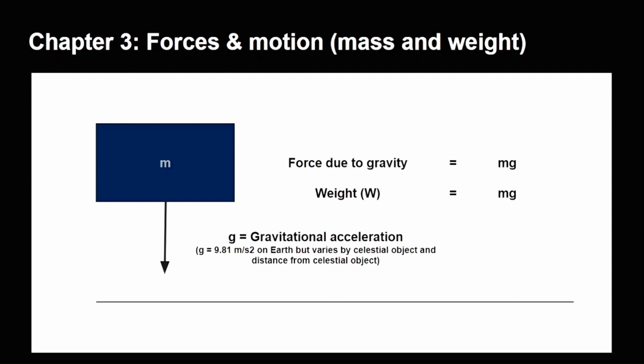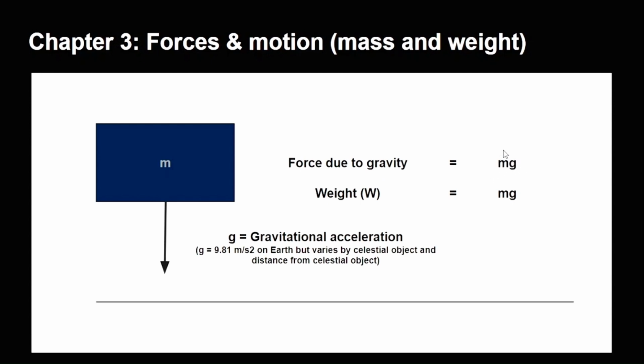So if you have a mass of 60 kilos, and the gravitational acceleration on the surface of the Earth is 9.81 meters per second squared, which we'll approximate as 10, then your mass will accelerate towards the Earth at 10 meters per second squared. Or rather, the force acting on you, because we know that force is mass multiplied by acceleration, and in the case of force due to gravity, that acceleration is the gravitational acceleration.